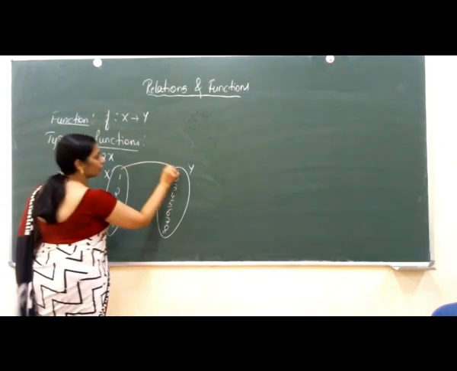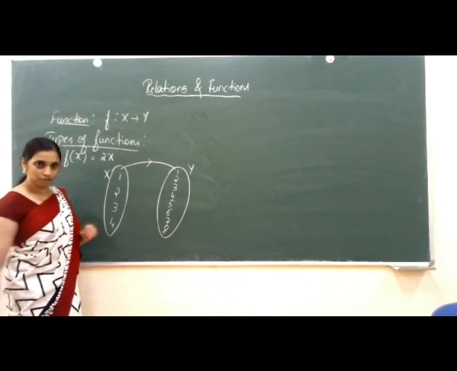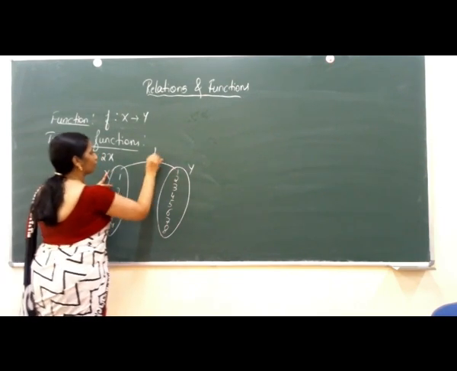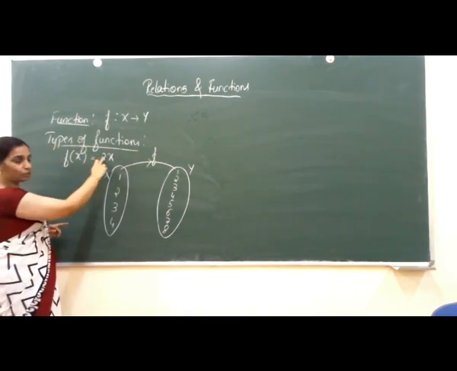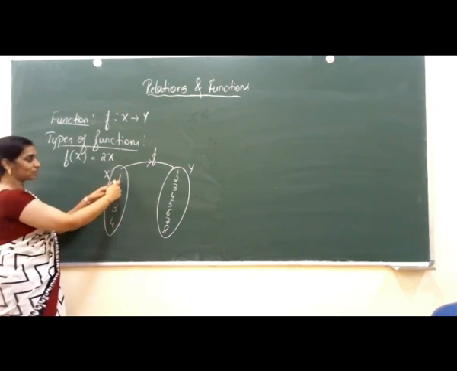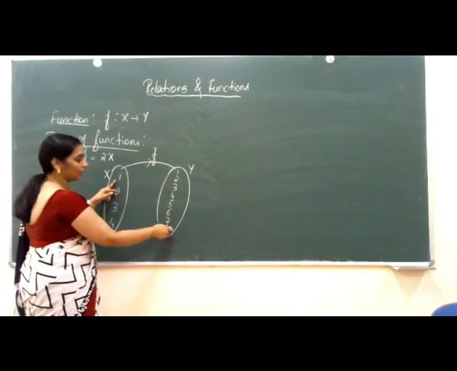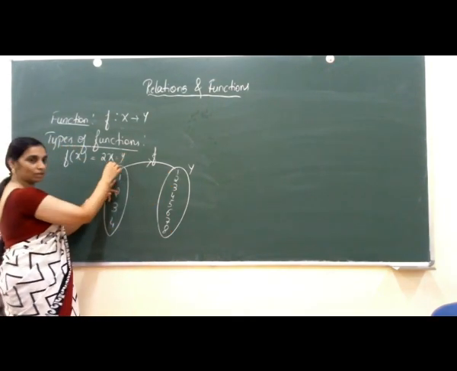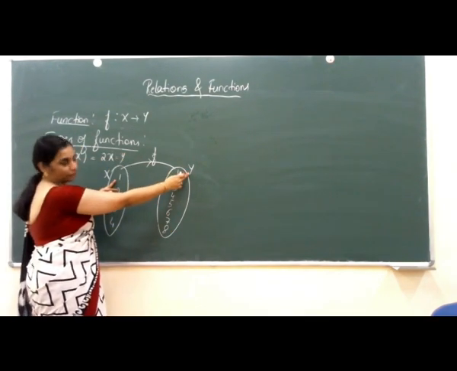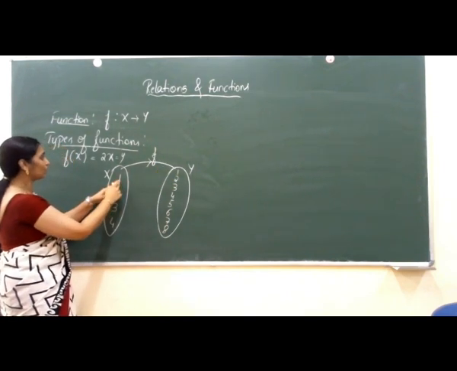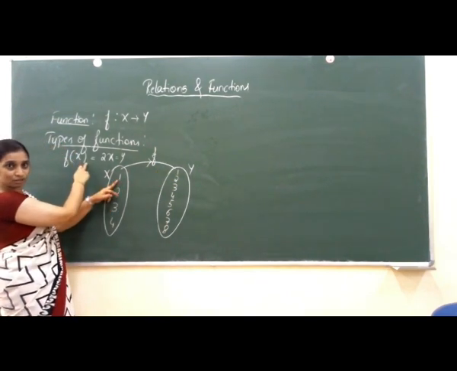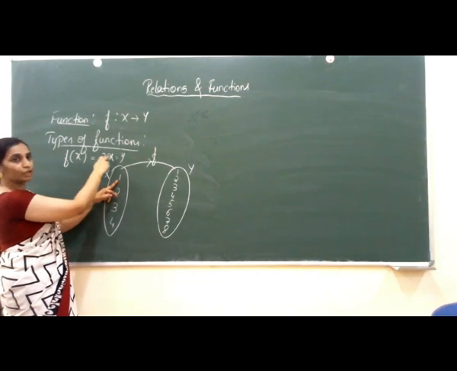So now we are defining a function from x to y, that is f of x is equal to 2x. So x is nothing but the element of set x and 2x, this is nothing but y only, which belongs to set y. So x value is 1. So f of 1 I have to consider. So f of 1 is nothing but 2 into 1.